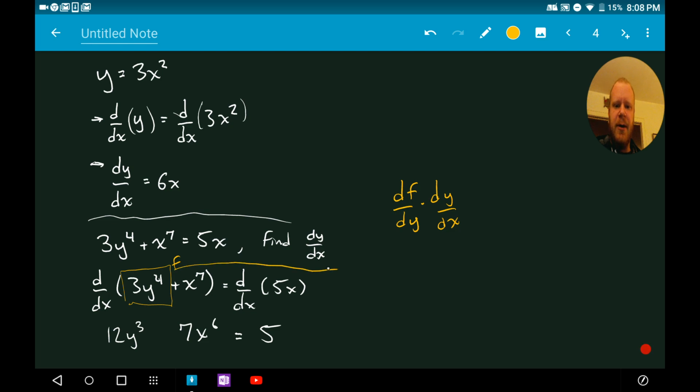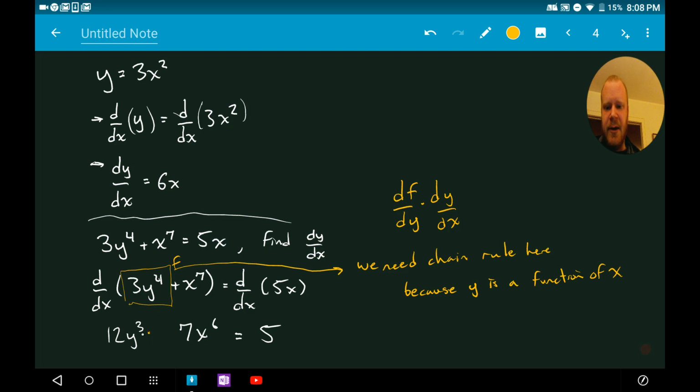The other way to think about it is we need chain rule because y is a function of x. So what that means is it's not just 12y to the 3rd, it's going to be 12y to the 3rd times dy dx. So we need that dy dx term.